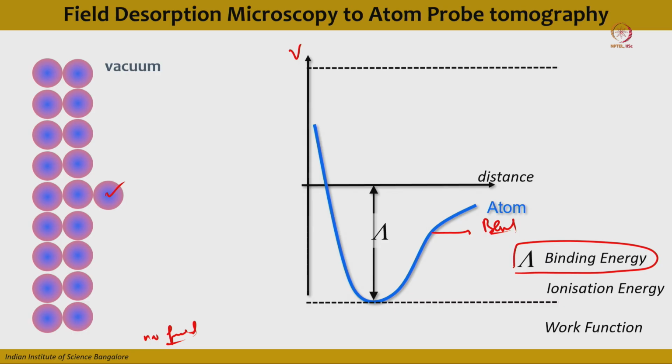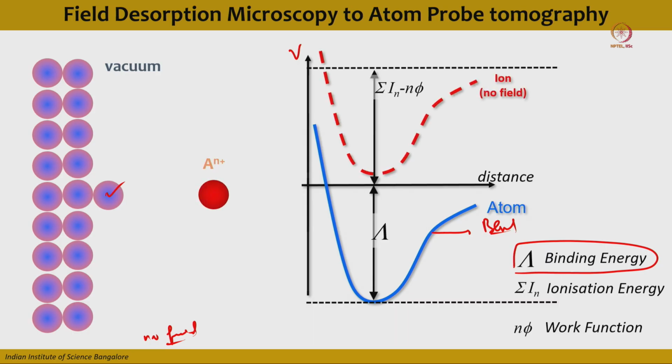Now if you think about an ion, where some number of electrons have been drained out, then the ion potential energy curve will shift upwards.